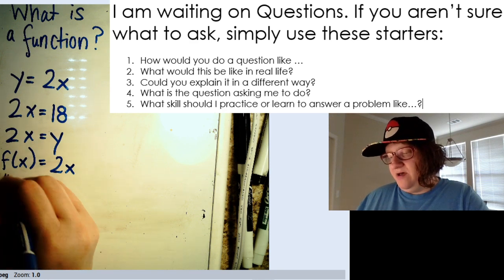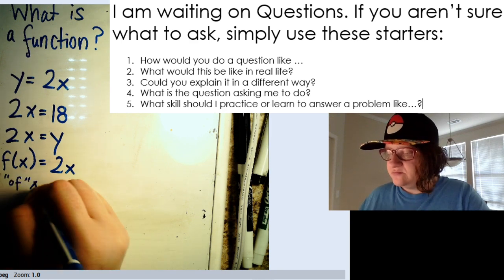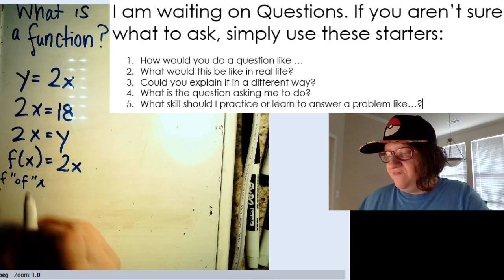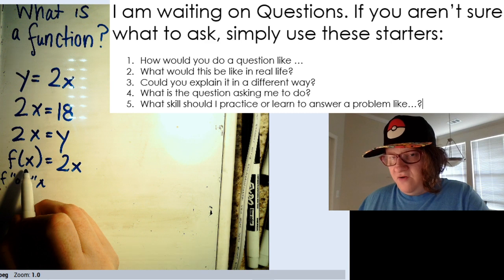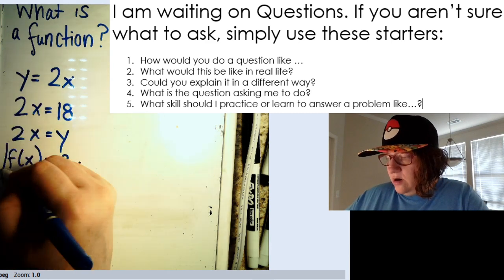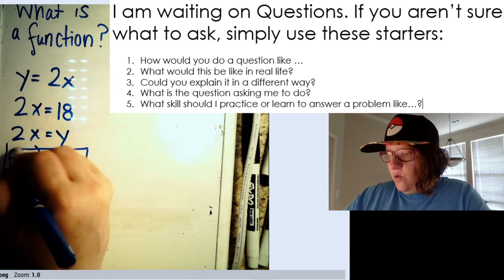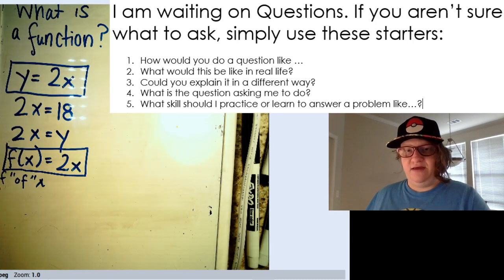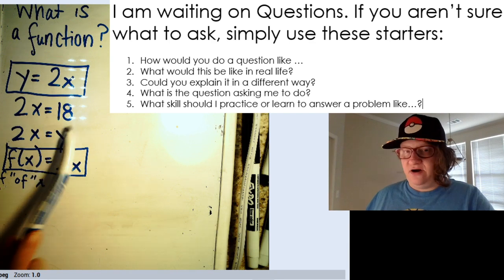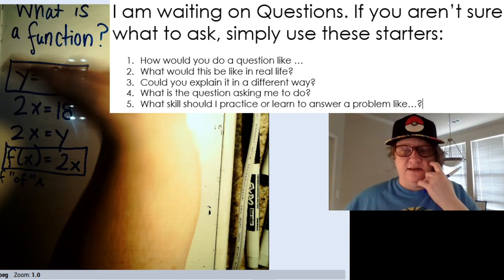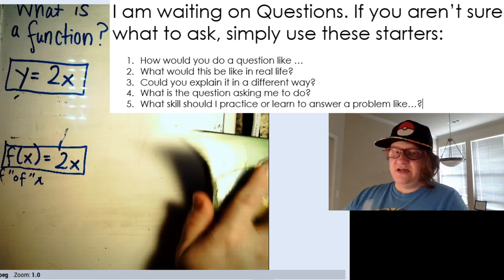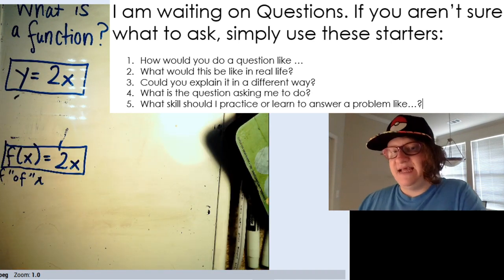F of x is just function notation for y equals 2x. These are the same thing. Some people might argue that these are the same thing. Certainly they're related. But these, although they look different, are exactly the same thing.